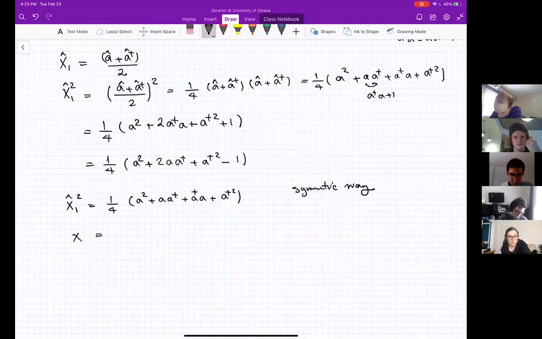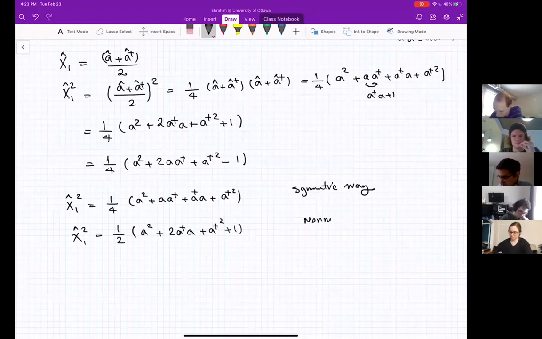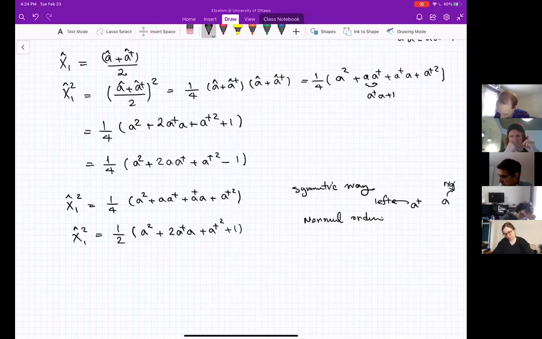Or I can write it in a way that is ordered. In which way? In a normal way that we have. So it can be A power of 2 plus 2A dagger A plus A dagger power of 2 plus 1, which is normal order. What I mean by normal order: A dagger is on the left and A is on the right. Okay.